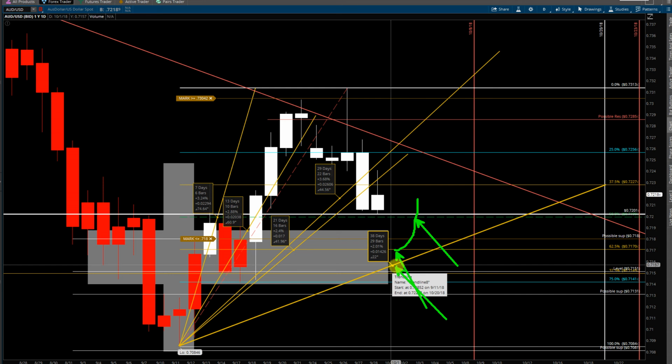Or if you find the support on the bottom and it turns around and goes higher, then that's a good entry. So that's what I'm waiting for, to see if we're going to hold this level or come down. And if I see some momentum to the upside, I'm going to get in, and the lower the better, because then I don't have to have a wide stop.